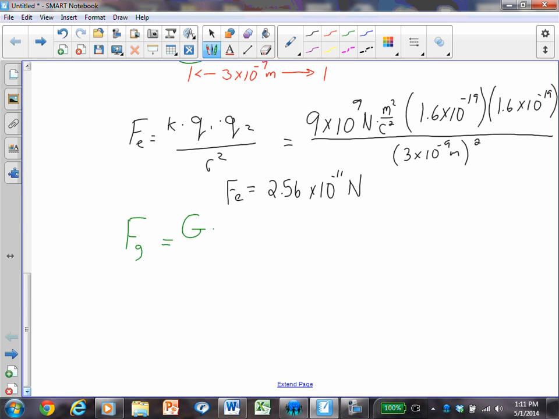So if we did the gravitational force between a proton and electron, is that an attractive force or a repulsive force? It's also attractive, because it's always attractive for gravity.